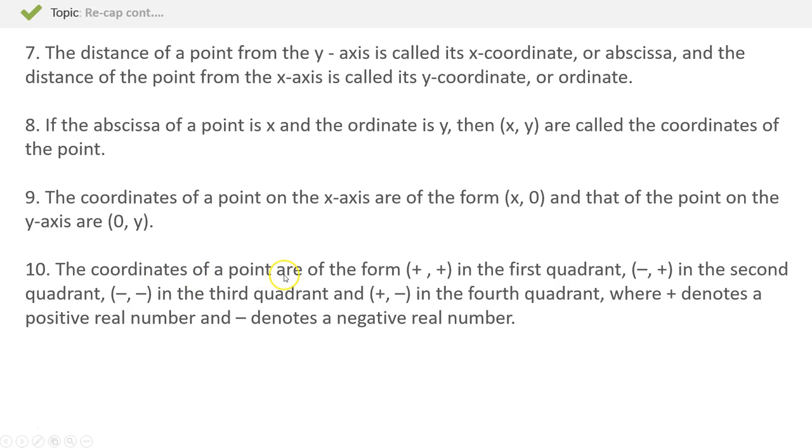The coordinates of a point are of the form (+, +) for the first quadrant, (-, +) in the second quadrant, (-, -) in the third quadrant, and (+, -) in the fourth quadrant, where plus denotes a positive real number and minus denotes a negative real number. We have seen that if x is not equal to y, then (x, y) is not equal to (y, x), and (x, y) equals (y, x) if x equals y.